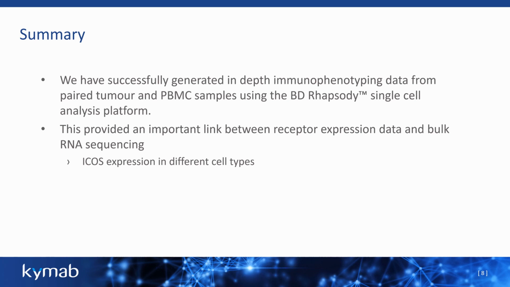Essentially, this was mainly done to support the preclinical work for our KY1044 program, and so obviously primarily we had an interest in ICOS expression in different cell types, but this also provided a link between FACS data and bulk RNA data, and it gave us a good indication that what we were seeing in preclinical models was also being mirrored in actual human patient samples.